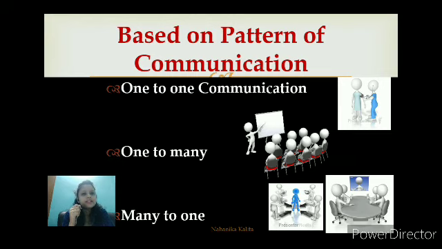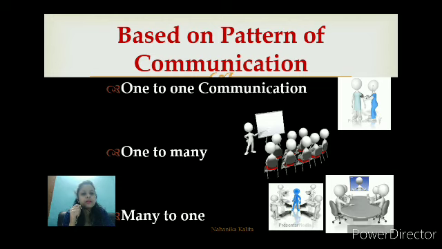So first is one-way communication, which is only one-sided communication, maybe on television. Next is two-way communication, where sender and receiver both are communicating. Third is one-to-one communication, when the sender is giving information to the receiver and the receiver is also taking the information. One-to-many, where the communication is from one side to many persons, like a teacher taking a class for many students.